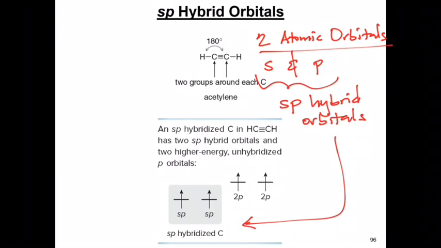So let's take a look. We have 2 carbon atoms, and these carbon atoms will form a sigma bond. And each carbon atom has two sigma bonds.